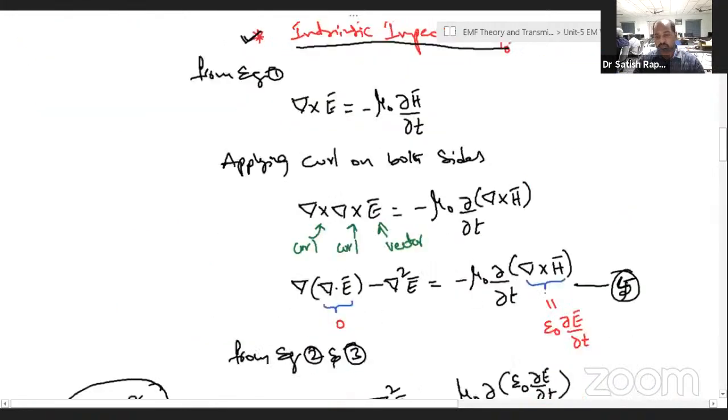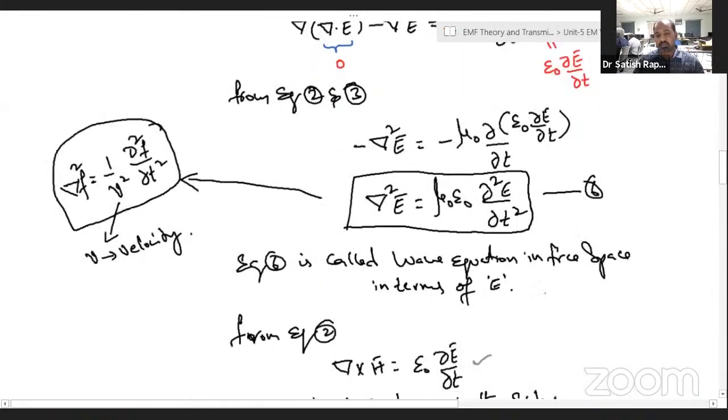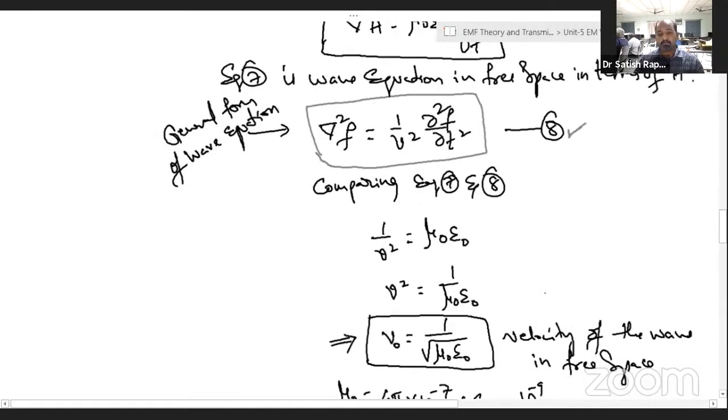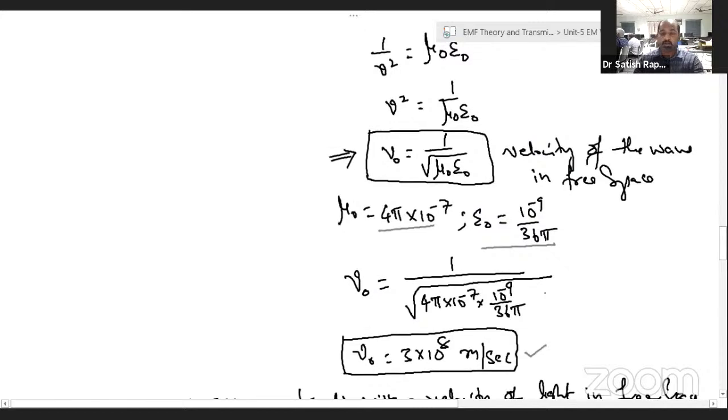So therefore the entire procedure is the same, all the steps are the same.